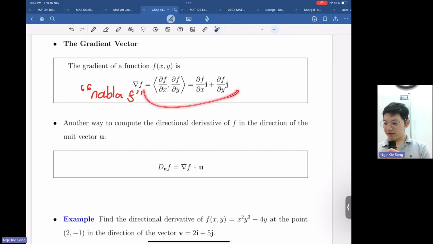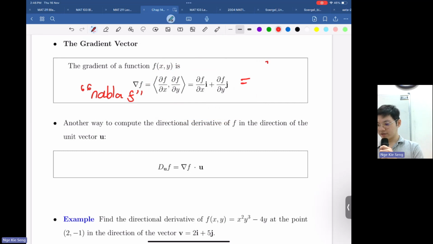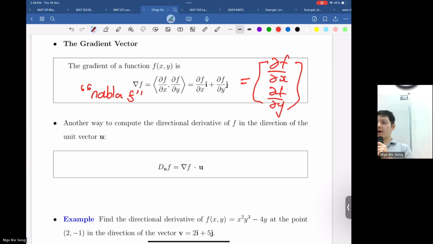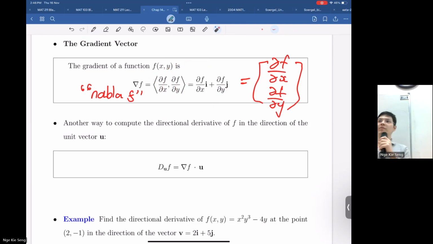Are you happy with this notation here? This is also this square bracket. Anything you want to write. But in calculus, we prefer this term. Maybe because they developed in a different way, so they use different conventions, but actually they are the same thing.